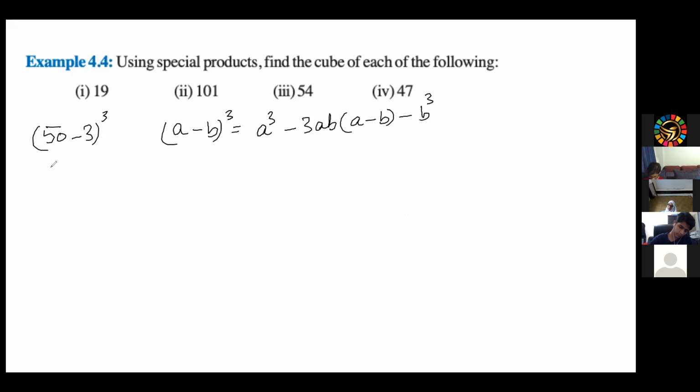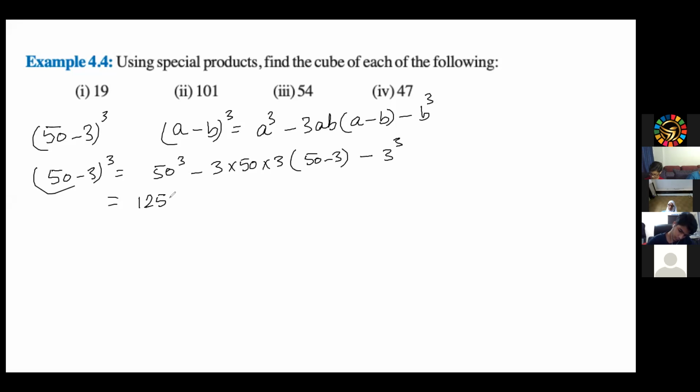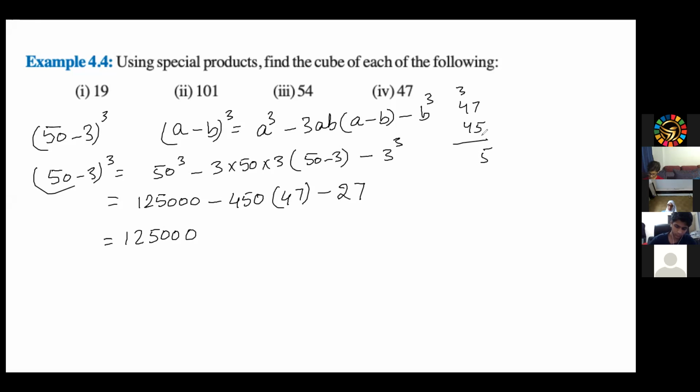So your formula is here: 50 minus 3 whole cube is again 50 cube minus 3 into 50 into 3 into 50 minus 3, minus 3 cube. 125, 0, 0, 0. 3 3s are 9, 45, 0, 47. 45 into 47 is 2115.